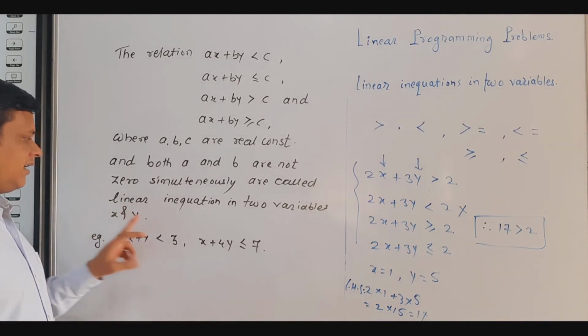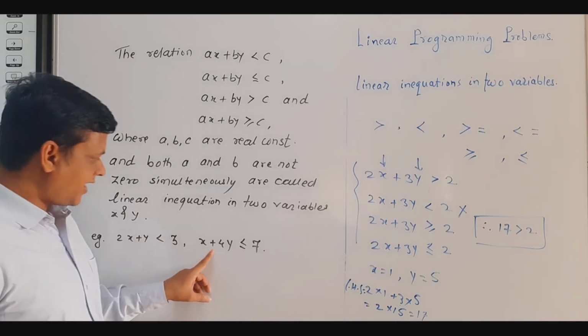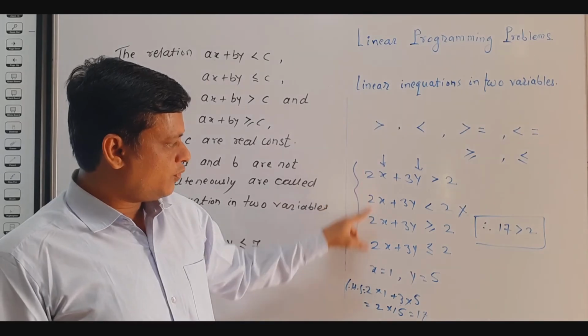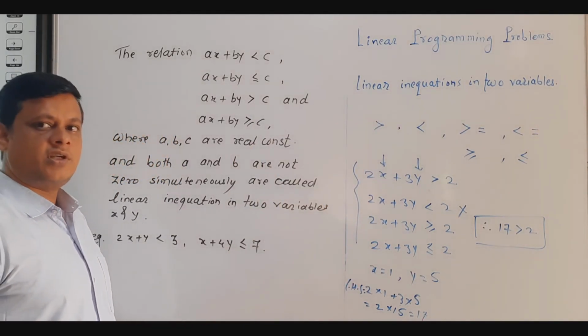The variables are x and y. For example, 2x plus y strictly less than 3, x plus 4y less than or equal to 7, are examples of linear inequations in two variables.